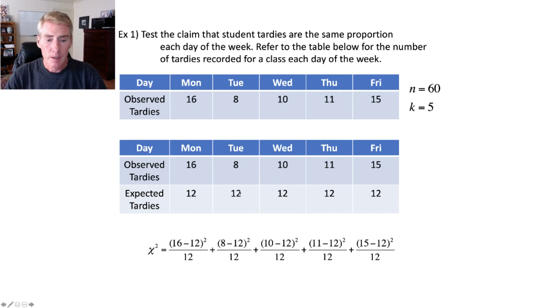And then 8 minus 12 gets squared divided by 12. Look at my fancy arrows right there. And when you type that into a calculator, and there's not really a faster way to do it, then the test statistic turns out to be 3.833.